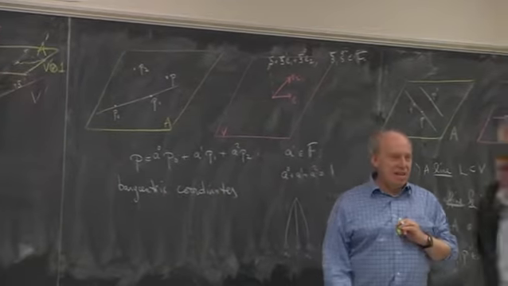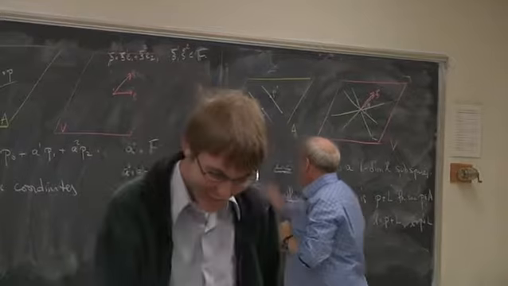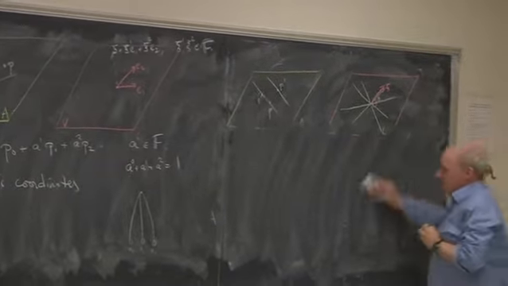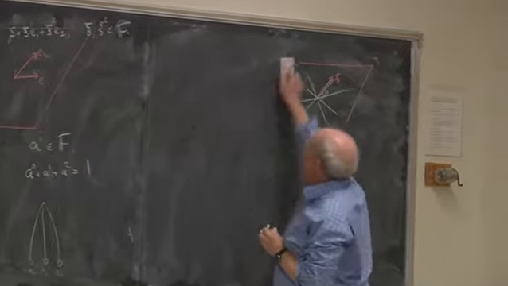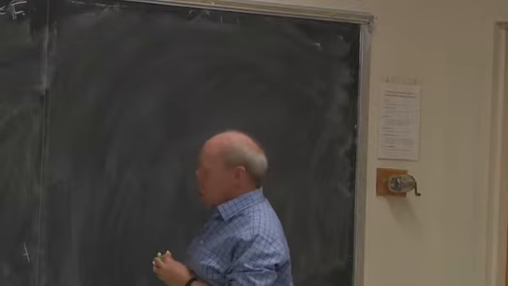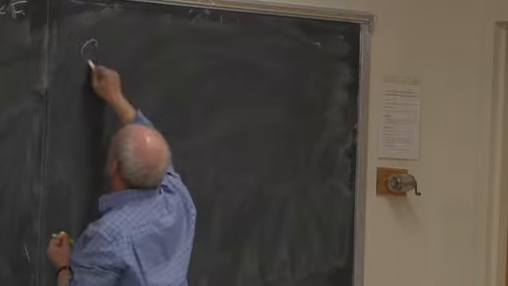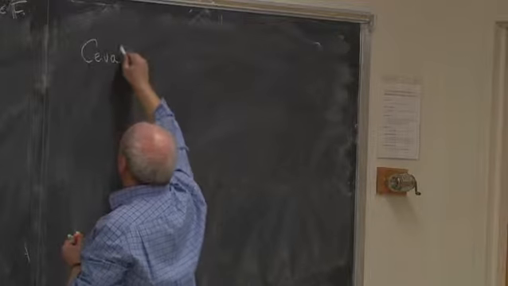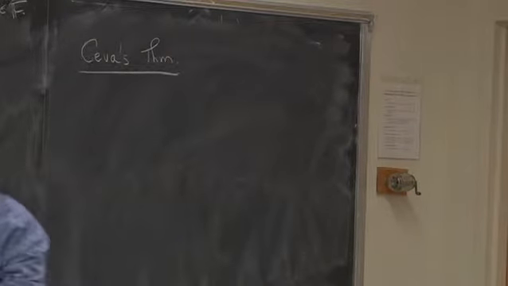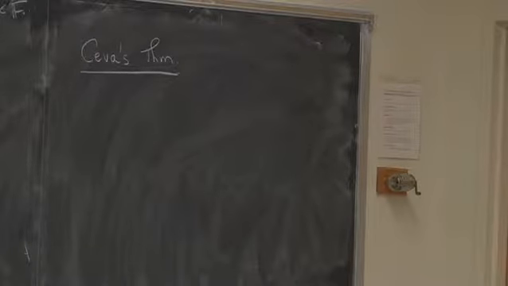Well, in that case, I'll leave you with a problem, which is one of the classical theorems of affine geometry, and that's called Ceva's theorem. So Ceva was an Italian geometer that lived, 1678 is when he published this.